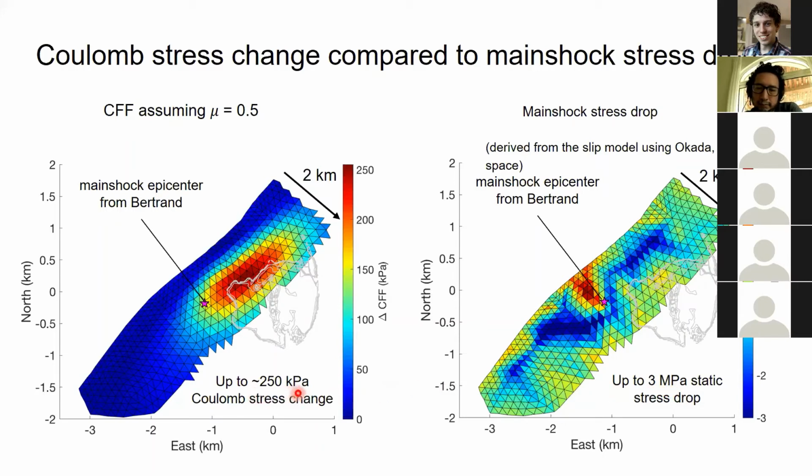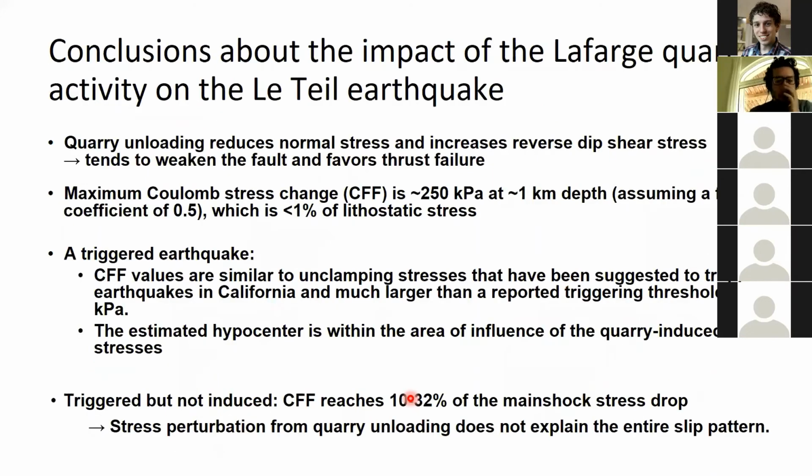So by using these two main observations, we conclude that this event is primarily triggered by the stress influence from the quarry, but not induced by the quarry. In other words, the fault was almost ready to go, and the quarry just pulled the trigger.